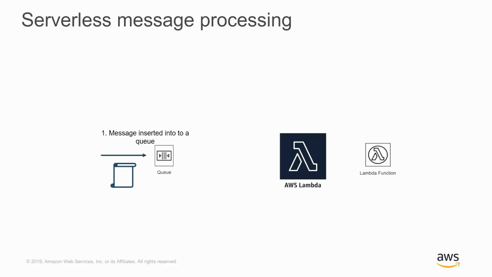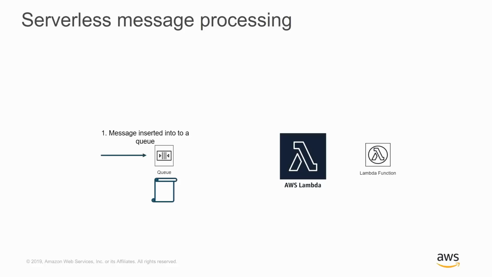The story begins when a message is inserted into the queue and is stored durably in SQS. SQS has this nice property that any message sent to SQS is replicated across multiple availability zones for high durability, which means that once your send was acknowledged, the message is there to stay.